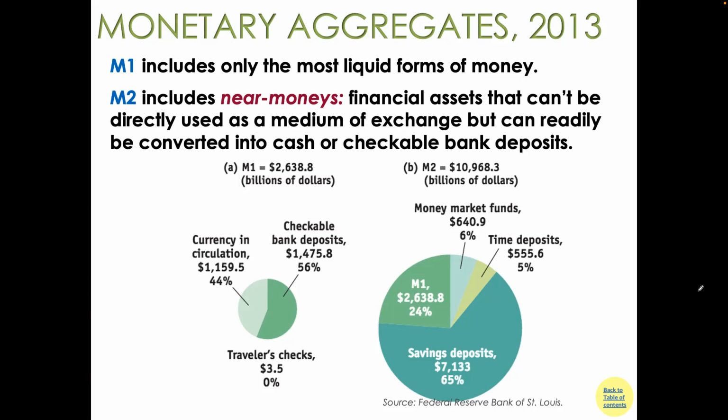Why is it important? This is going to help us understand, number one, what are the risks in our financial system? Number two, how the Fed can affect the aggregate demand. Right, so there are these two important questions.